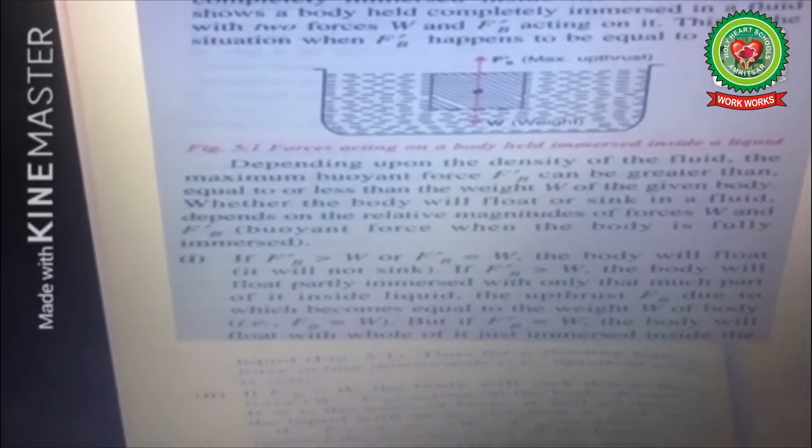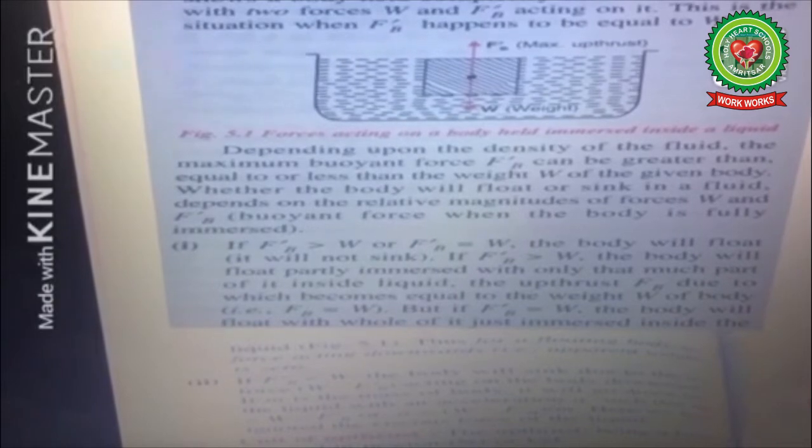Now, two different cases are, if upthrust is greater than weight, FB is greater than W, or FB is equal to W, the body will float, it will not sink. If FB is greater than W, as I told you, the body will float partially immersed with only that much part of it inside the liquid.